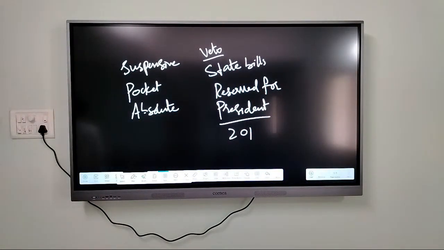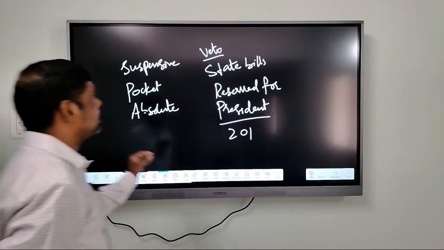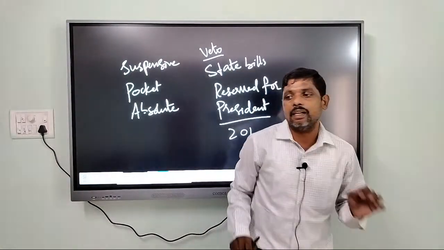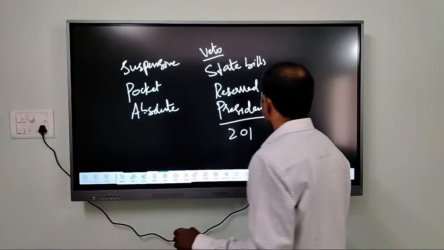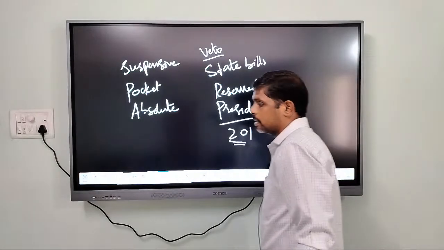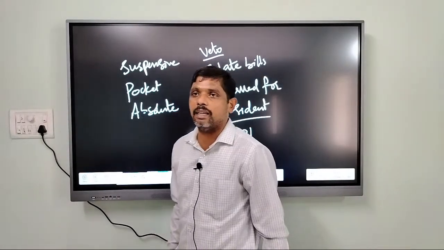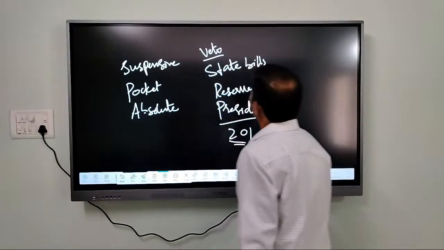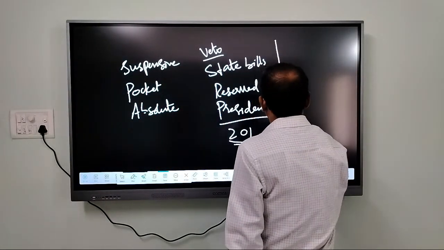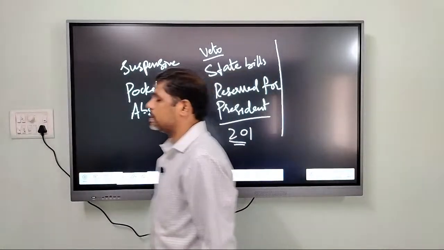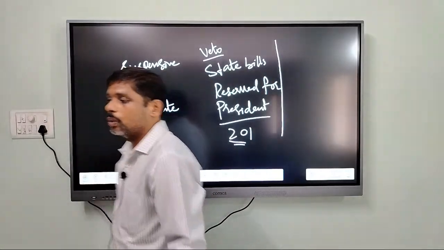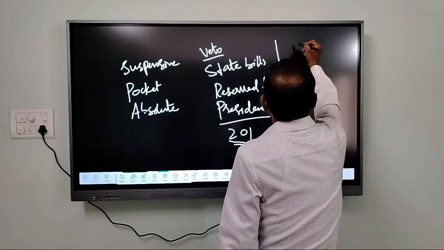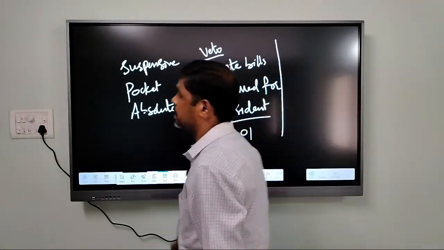So President of India can use the veto powers even against the state bills which are reserved for his consideration under Article 201. So this is what you should remember. These are the topics that we have discussed in the previous class. Alright. So going ahead, with the other legislative powers of President of India.